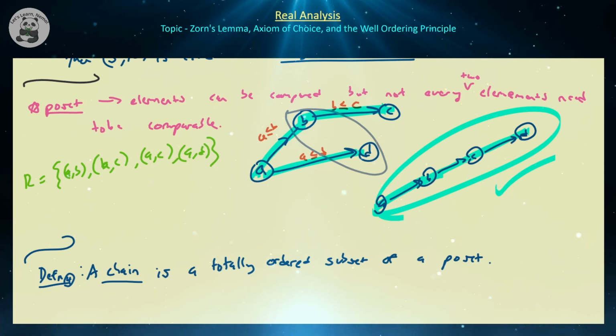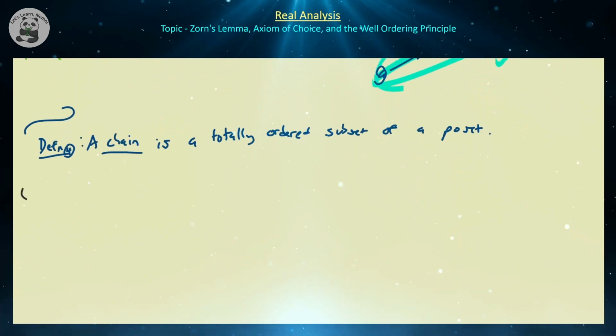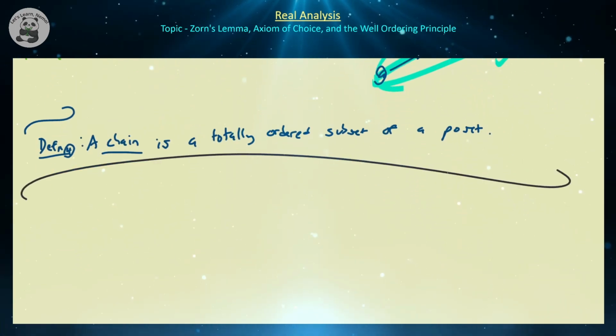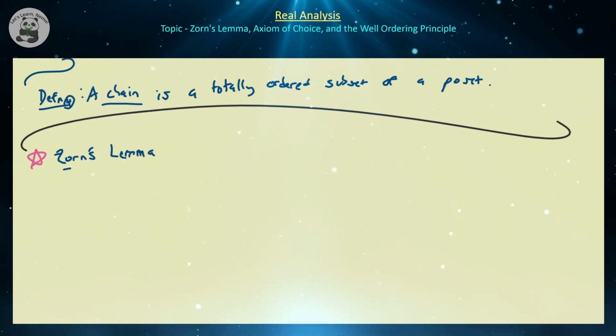So now that we know what partially ordered sets are, totally ordered sets are, and also what chains are, now let us go to Zorn's lemma, right? The third main character of today's story. So Zorn's lemma. All right, so what does Zorn's lemma exactly say?